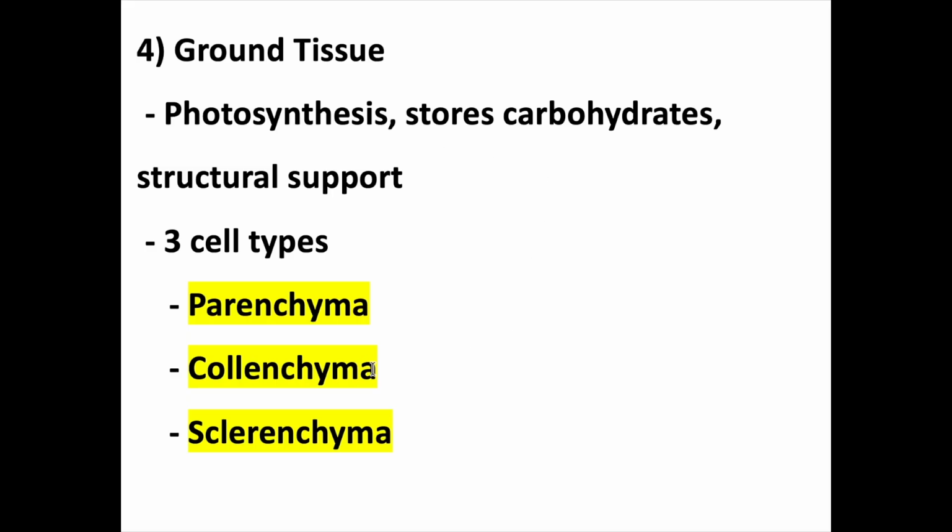Collenchyma is, reading from the key terms, elongated plant cells with unevenly thickened walls; provides structural support to stems and leaves. So parenchyma does photosynthesis and storage. Collenchyma provides structural support. Now you might be thinking, what is there possibly left to do? What about the third one?